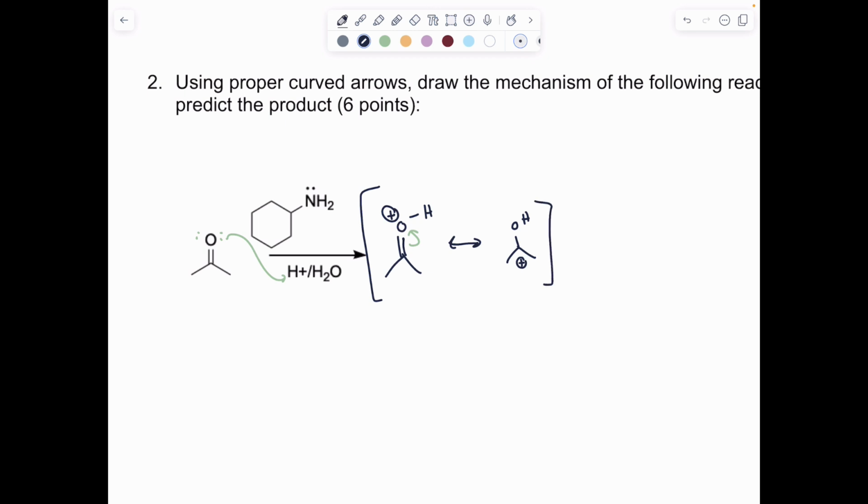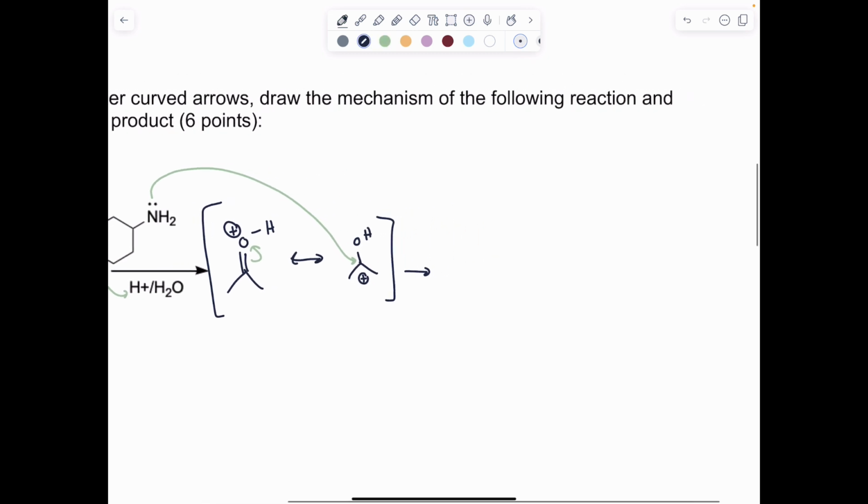So after protonating, the amine is then able to attack at the carbonyl carbon's position. So we'll show that here. And when it attacks, we get the acetal analog of this reaction's mechanism, where you've got two different groups coming off of this original carbonyl carbon position.